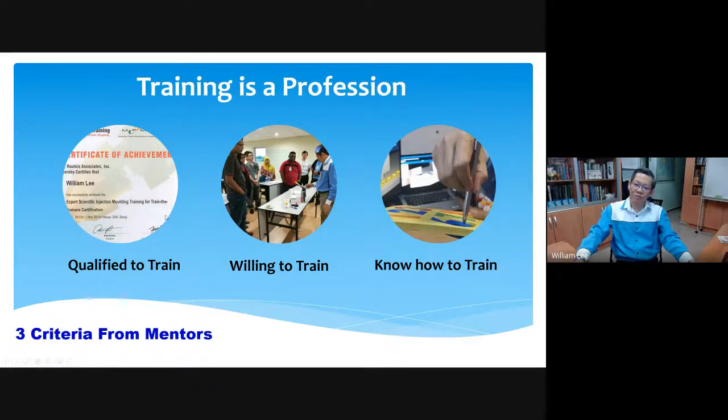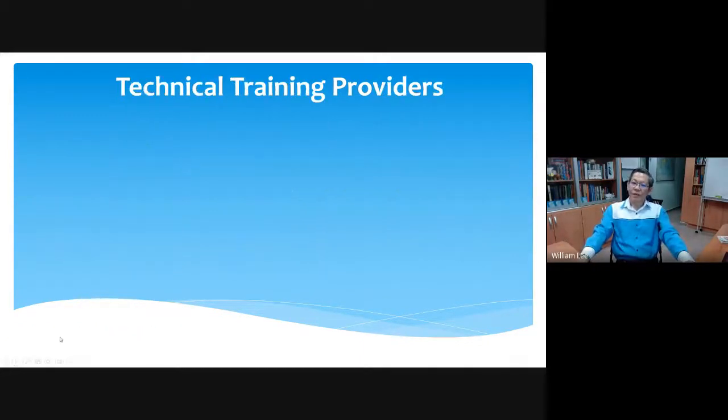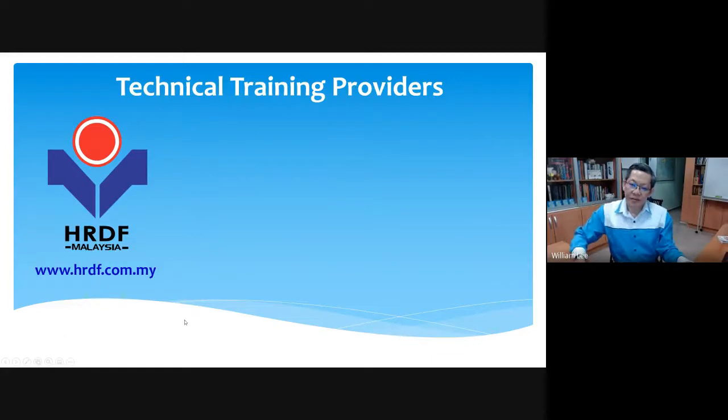And there are some who are qualified but they are not willing to train. They don't want to share the knowledge and the experience with you. You cannot acquire this information, right? So these are all interactive. So therefore, a good mentor should have these 3 criteria: qualified to train, willing to train, and know how to train.